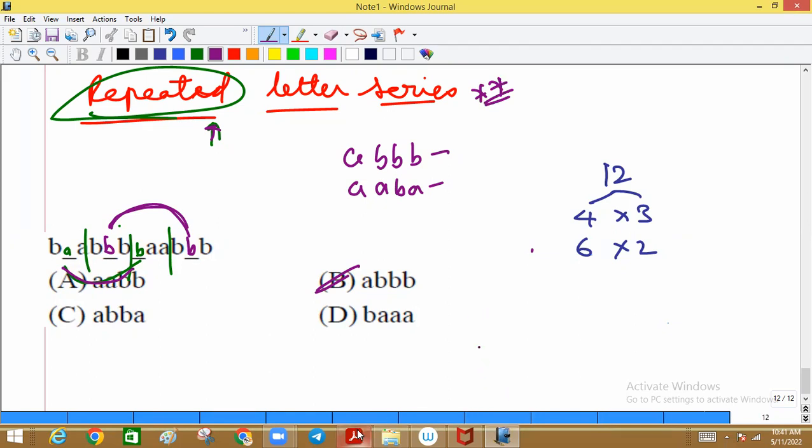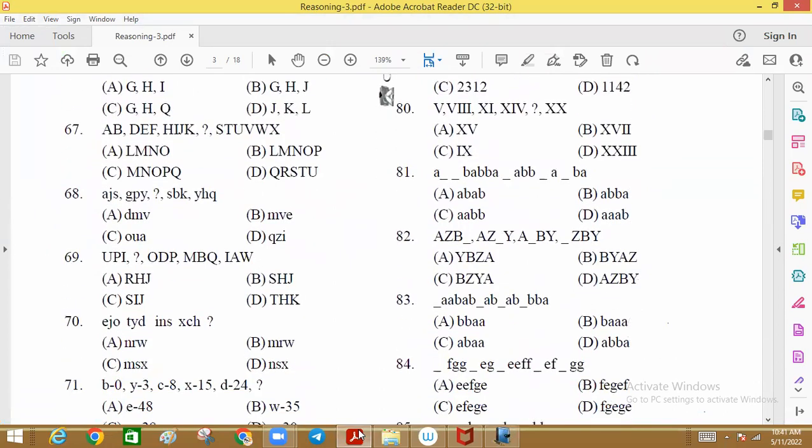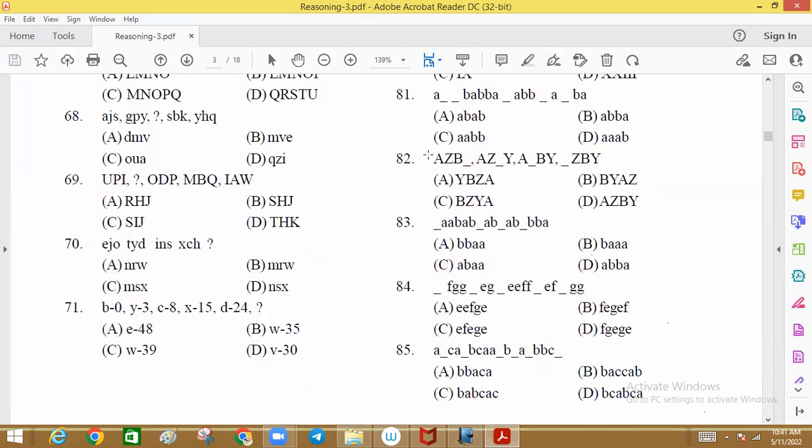Next question. 1, 2, 3, 4, 5. 4 options.